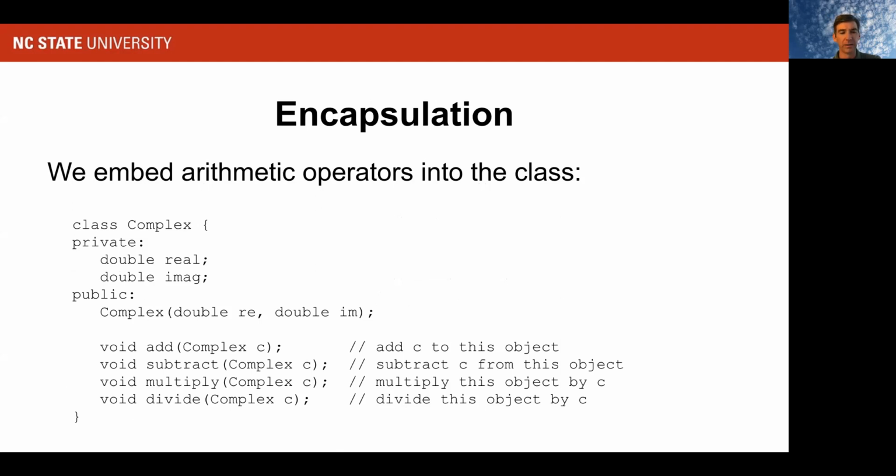So the real and imaginary components of this C would get added to the real and imaginary components of the object. Same with subtract. I could subtract the complex number I pass in as an argument from the object we're subtracting it from, right? And multiply and divide could be implemented in similar ways.